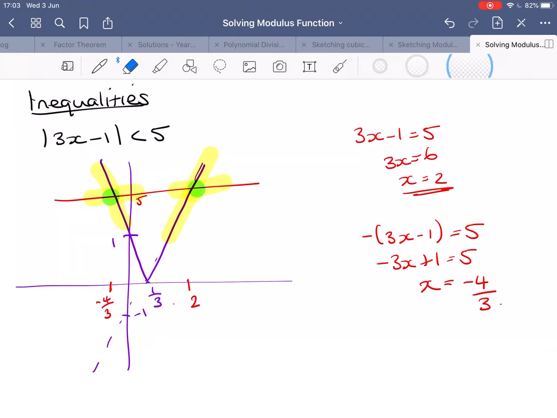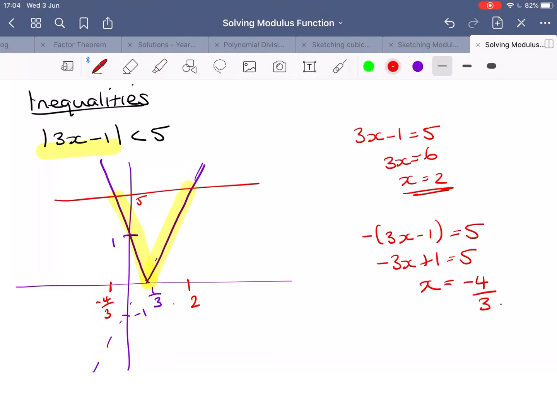Now, try and get rid of all this highlighting because I want to show you something else now. So now we've got to answer the inequality, okay? And the inequality wants us to say when the modulus is less than 5. So in other words, when the purple line is below the line y equals 5, and that's this region here.